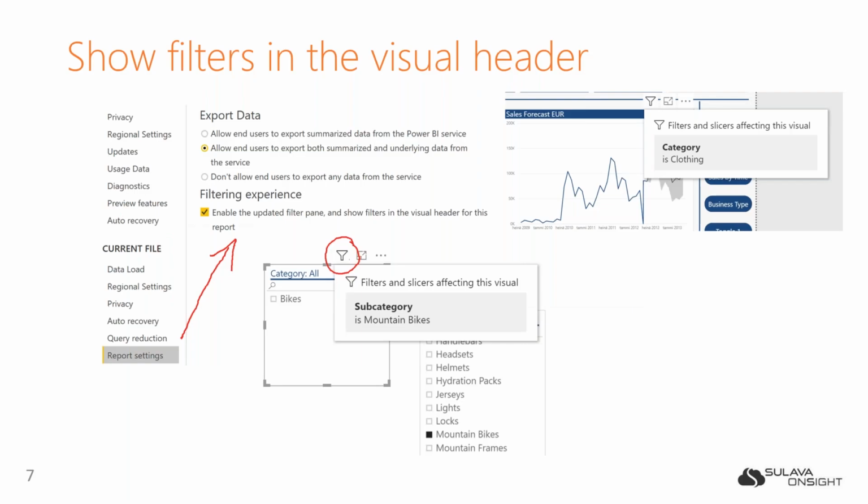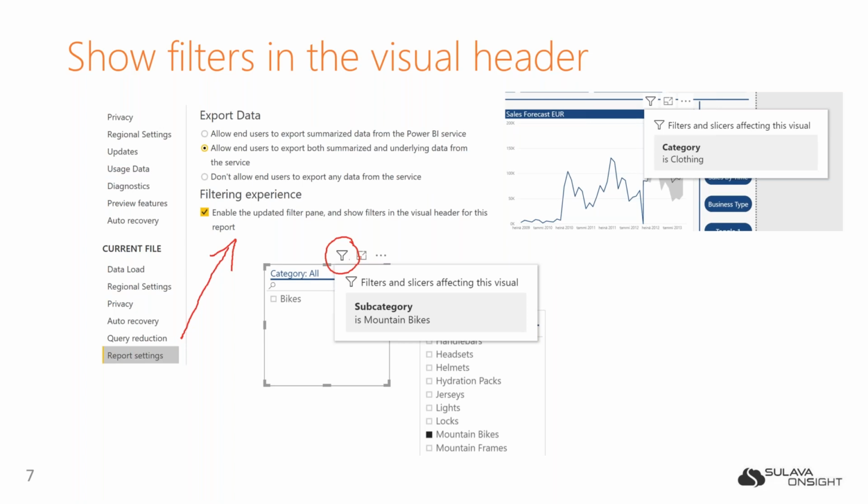Well, here is really a new feature available. Actually, this is a feature that came into Power BI Desktop yesterday. So this is the November version, a new feature that has something to do with the filters. Nowadays, if you enable the updated filter panel and show filters in the visual header for this report, the users can see a tiny filtering icon on top of each visual on the page.